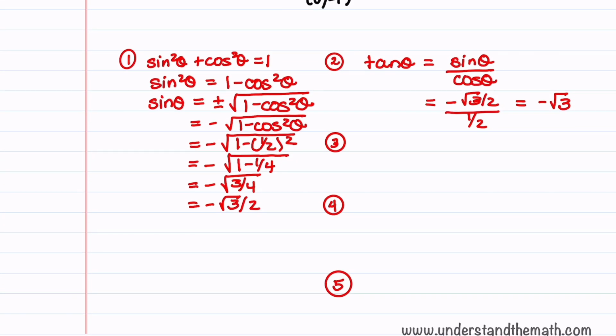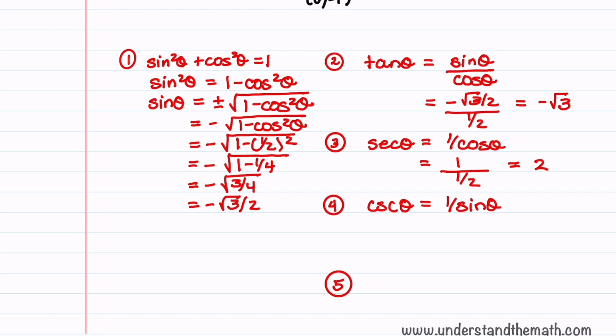We'll use reciprocal identities to find secant theta, cosecant theta, and cotangent theta. Secant theta is equal to 1 divided by cosine theta. This is equal to 1 divided by 1/2, which gives us a value of 2. Cosecant theta is equal to 1 over sine theta.